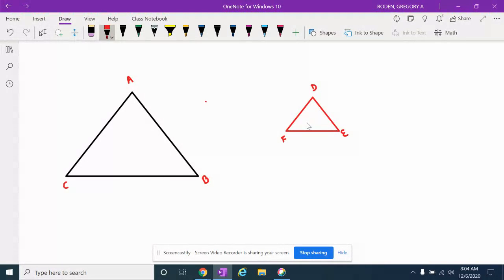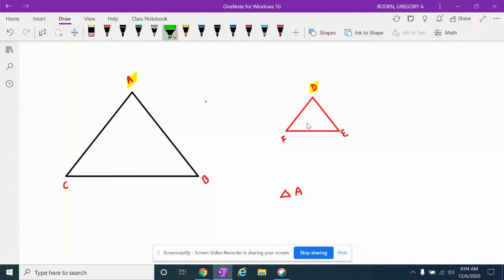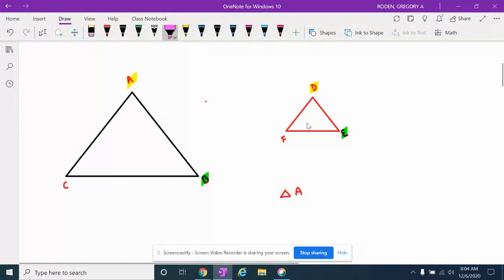There's two ways I can say this. I can say that triangle ABC. Now look what I'm doing. When I name a triangle, A lines up with D, B lines up with E, and C lines up with F. So I want to name it in that order.